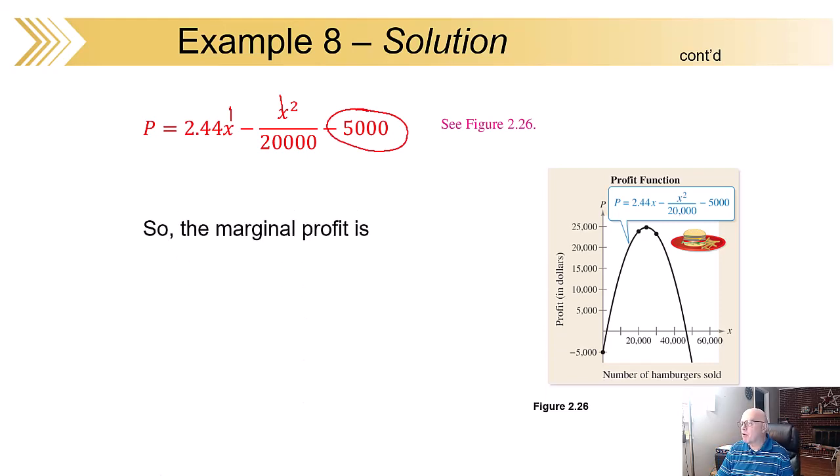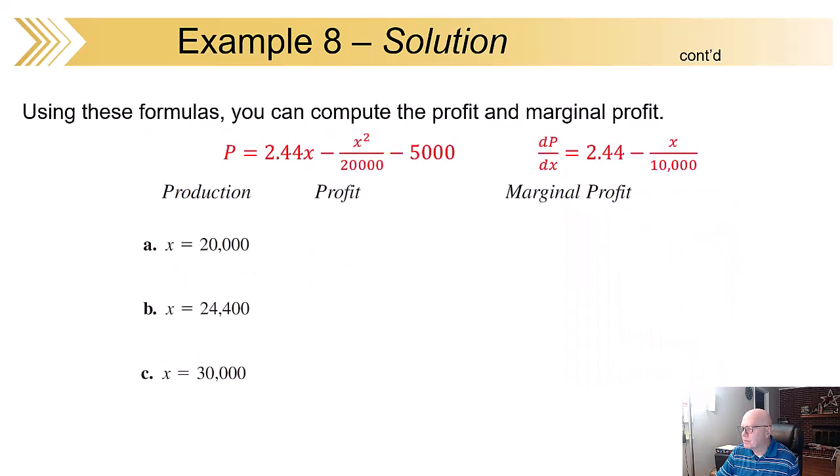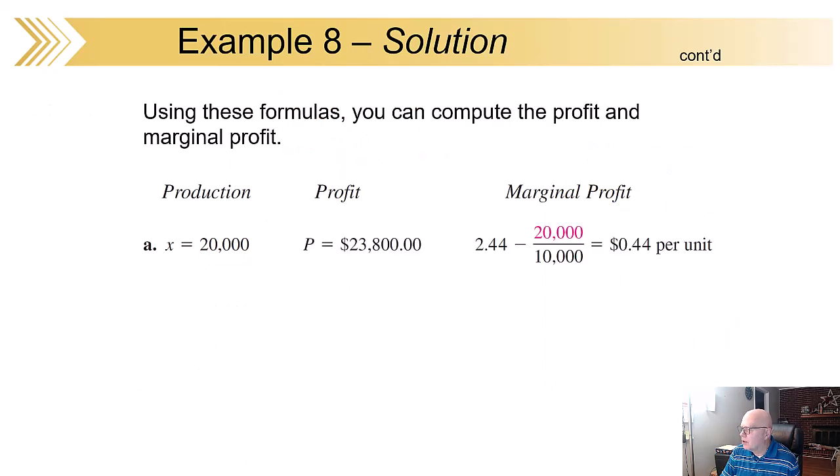So the marginal profit is, put the value in for the number of hamburgers you're interested in. So for 20,000 hamburgers, you're going to have a marginal profit of 44 cents per hamburger.